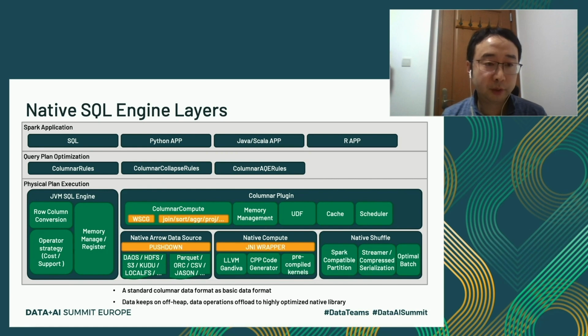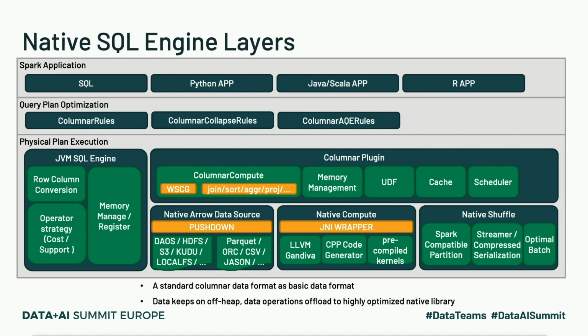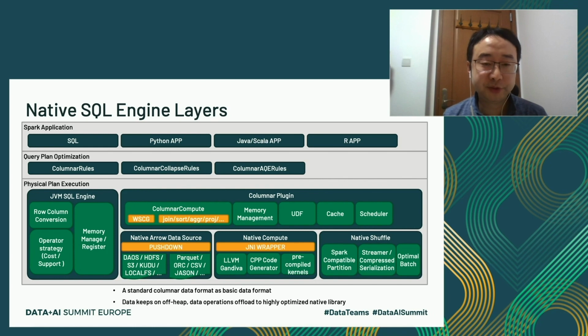In the middle layer, we introduced a query plan optimization. With this layer, it can generate the optimized plans for our native SQL engine. In the bottom layer, this is the core part of our native SQL engine.